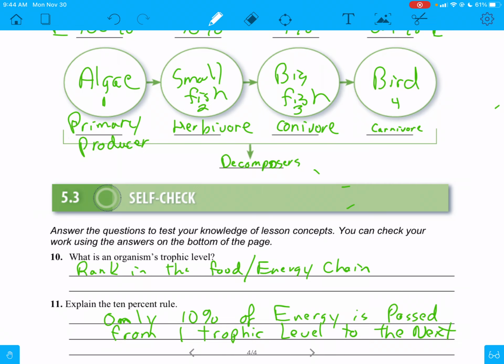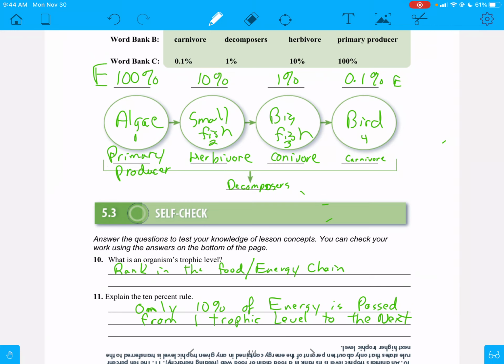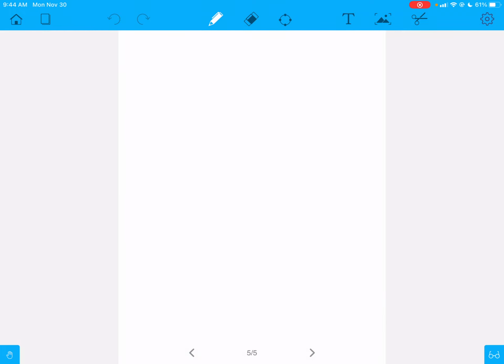Okay, so just to kind of let you know how this whole thing works here, okay? 100% of the energy was here, then 10% is all the small fish got out of it, and then only 1% is what the big fish got out of it, and 0.01% is what the bird got. And that's why these animals at the top have to eat so much more, just because that's how they're going to have to get their energy.